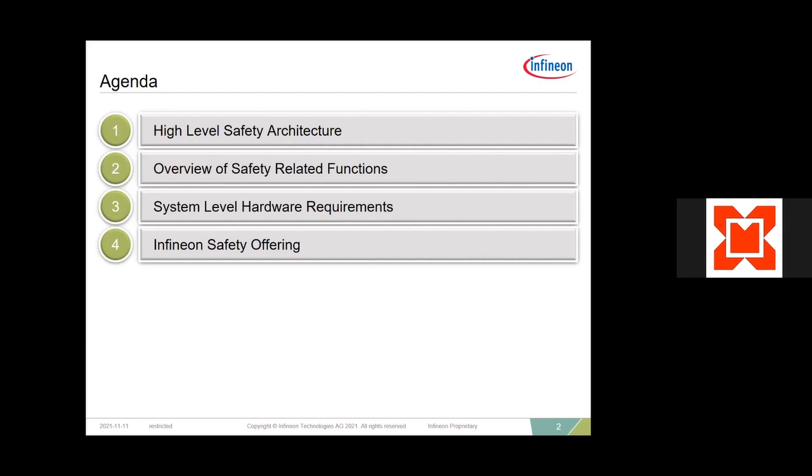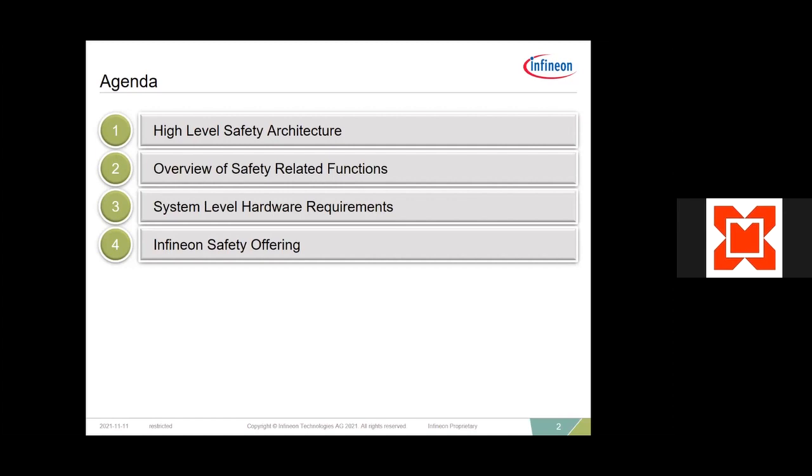Then we'll move on to an overview of safety related functions. Here, as I stated earlier, Aurix is developed as a safety element out of context, and here some assumptions are made. Assumptions are made on the system design and requirements, based on most commonly used use cases.